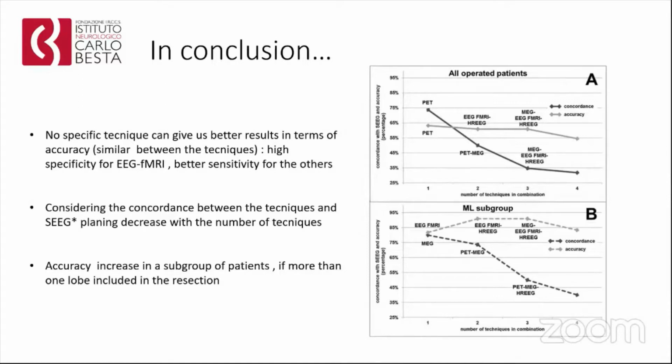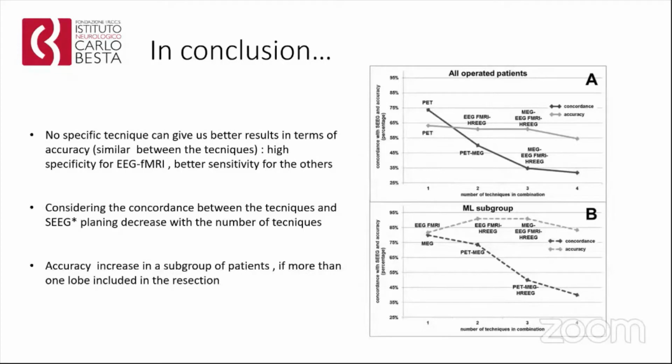Considering just the concordance with the surgical planning, adding techniques for all the patients is not useful. It is useful, of course, considering this subgroup of patients. It could be helpful in a very difficult case, where you can use more than one technique to predict a good outcome.